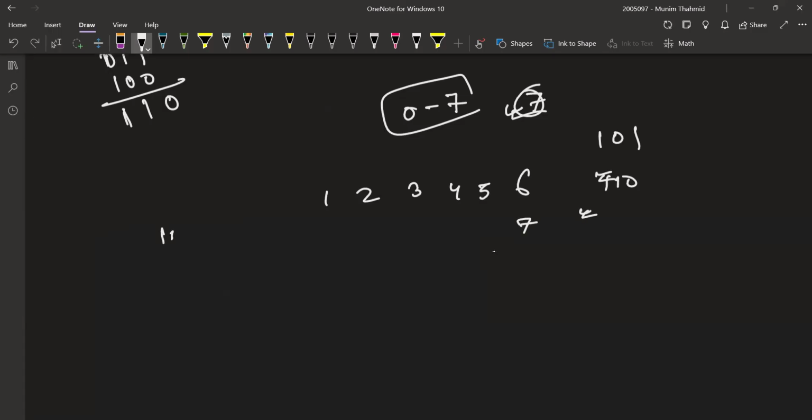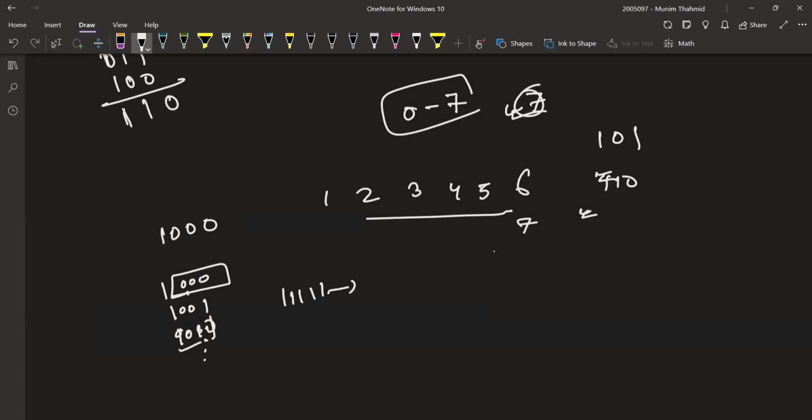But when we include 8, things start to get interesting, right? Because then I will get all possible combinations, since I will have 0 to 7. So that means after 1 1 1 1, which is 15, the range is 0 to 15. Now this is coming into shape.